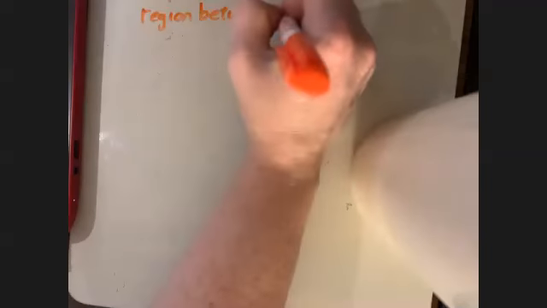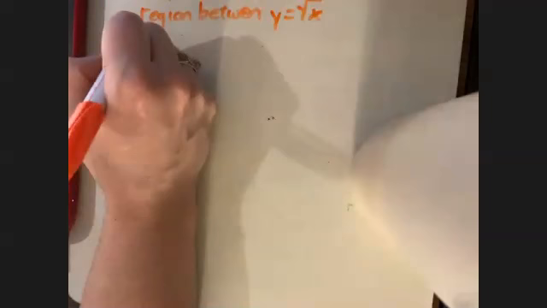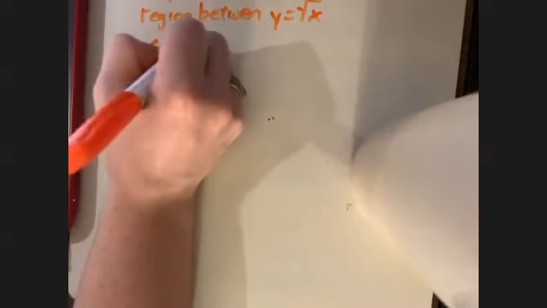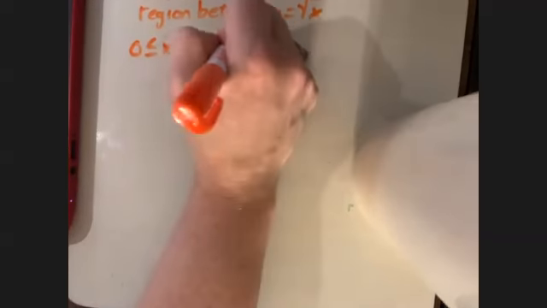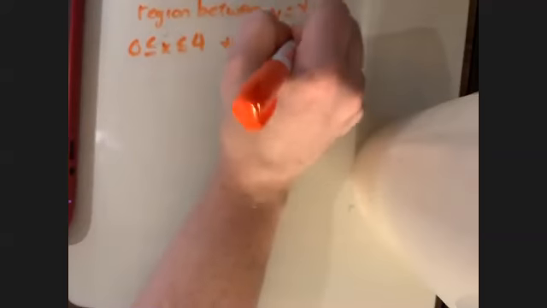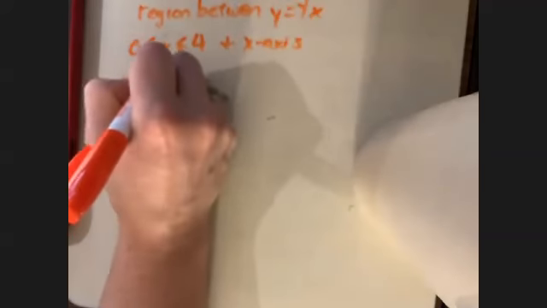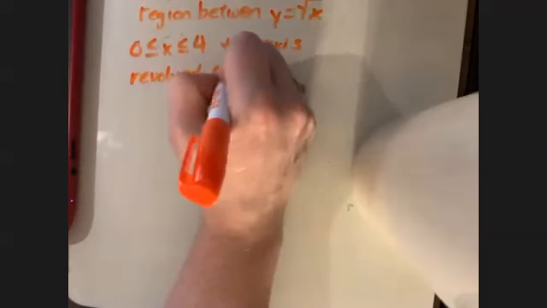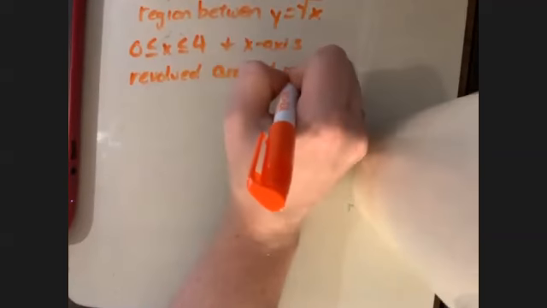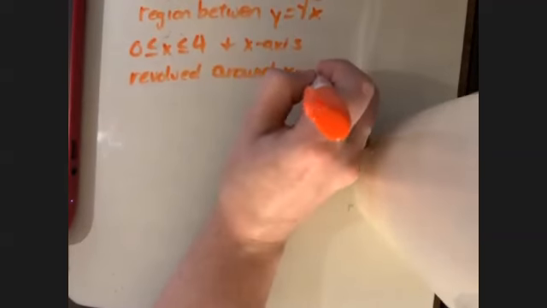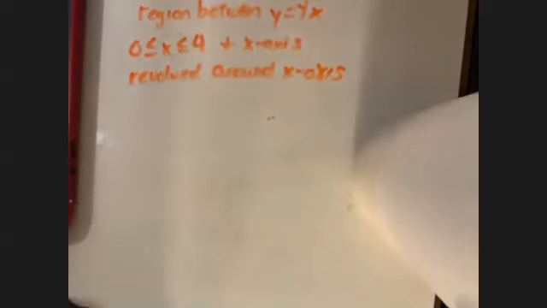So we're going to do the region between y equals square root of x from 0 to 4 and the x-axis, revolved around the x-axis. So this is going to be very similar to that picture that I just did.